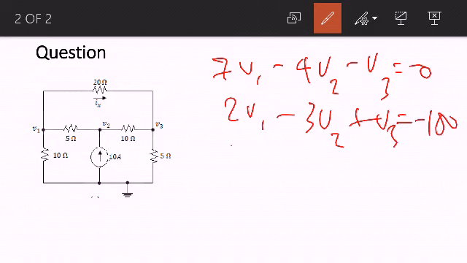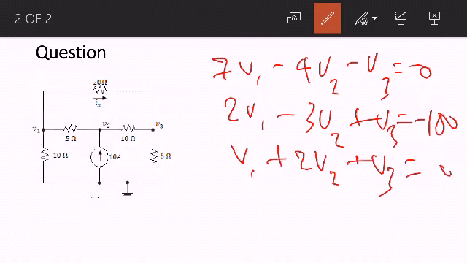And the third one is V1 plus 2V2 plus V3 equal to 0. Okay, so we can solve equations 1, 2, and 3 simultaneously. If we do that, V1 is equal to 5.26 volts.